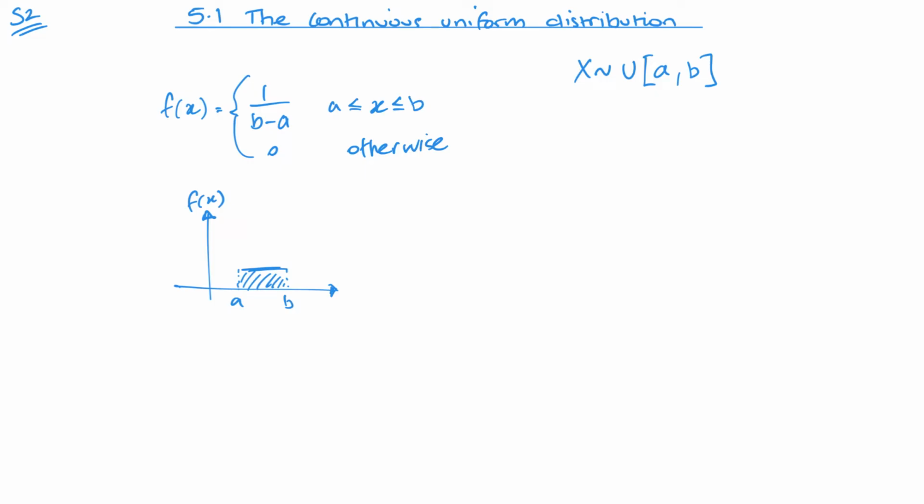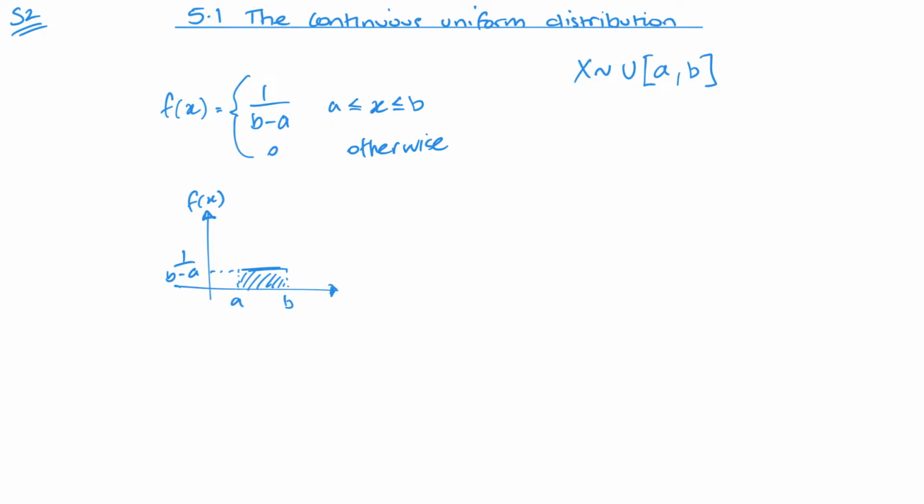And what you can see here is that between a and b, we know that this area must total 1. Therefore, if you work out the distance between a and b, which would be b minus a, to get the whole area to total 1, you would need a height of 1 over b minus a.